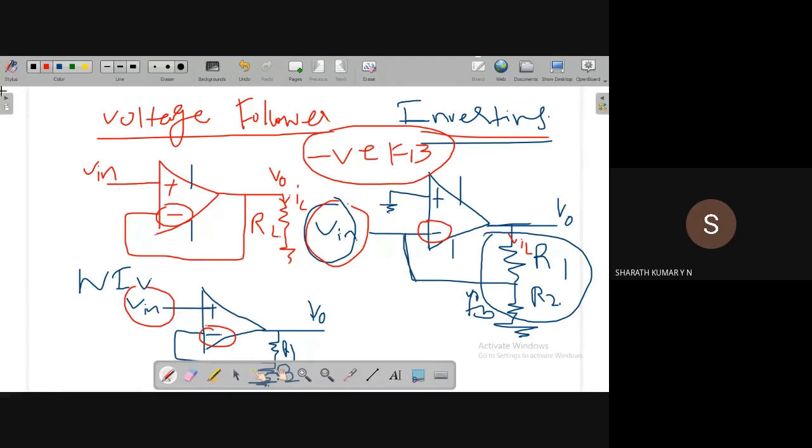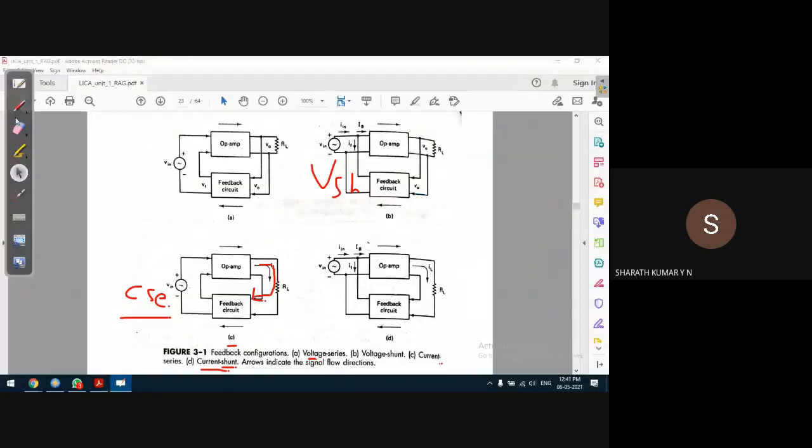Let me write the output current here. The output current flows through the feedback network and into the input terminal, and in this case it is in series with the input voltage.